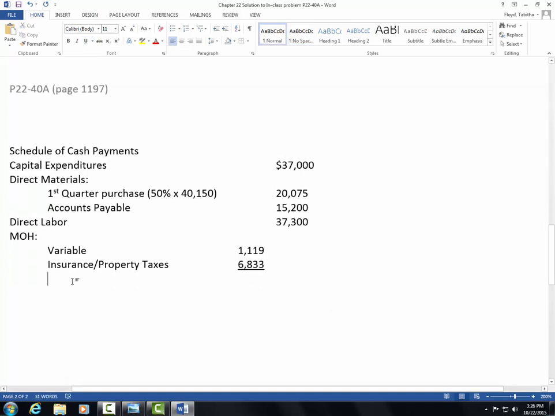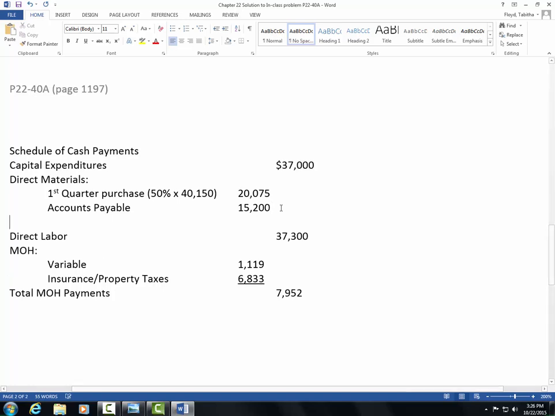So let's get a total here. $7,982. We should have probably done that with our, I'm going to go back and total up our direct materials.